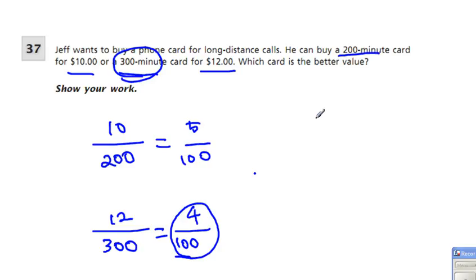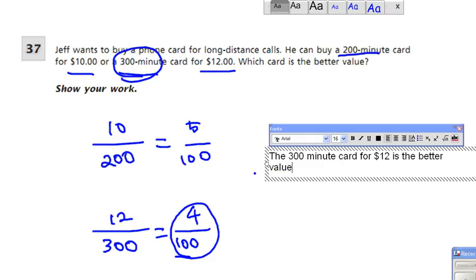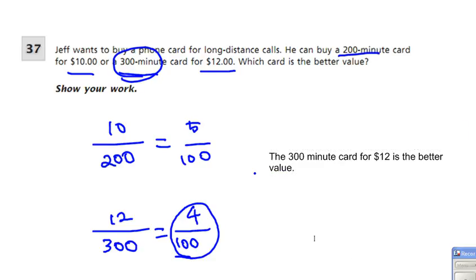So the 300 minute card for $12 is the better value. All right, wrote down the answer.